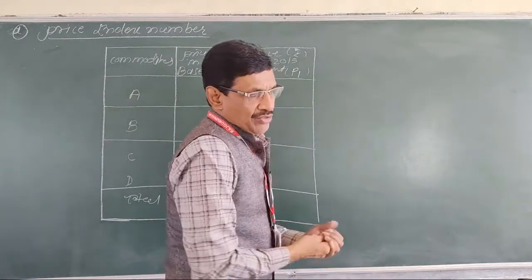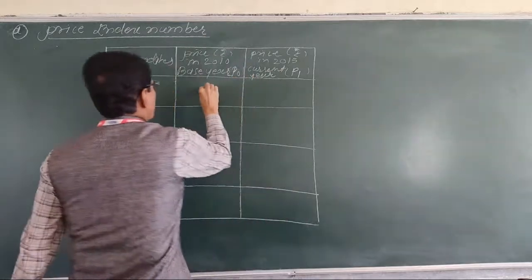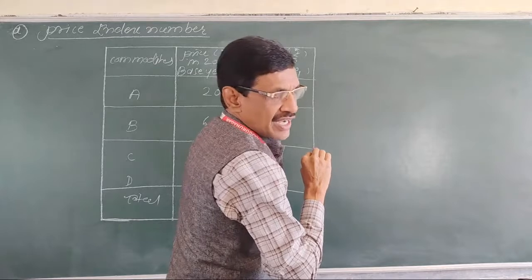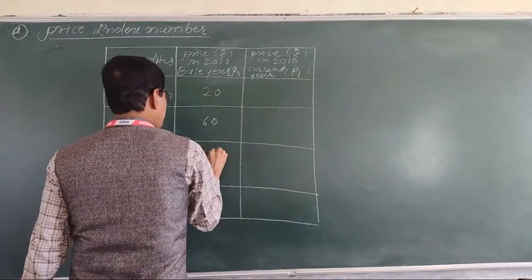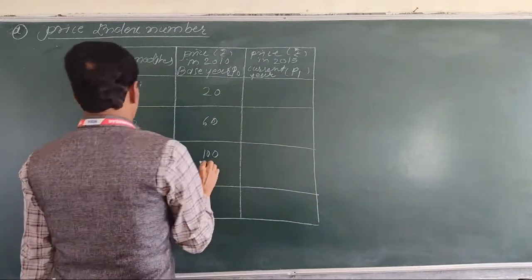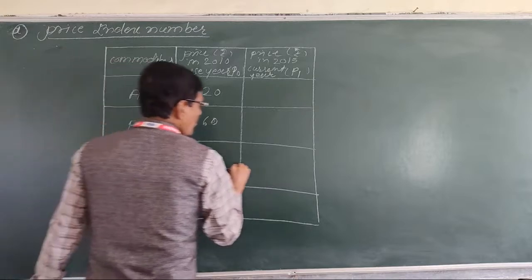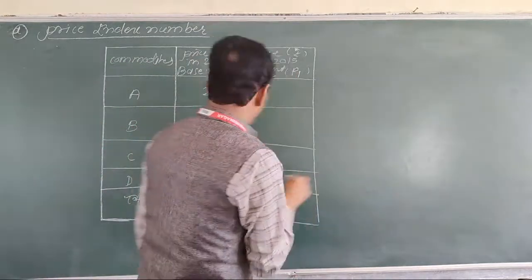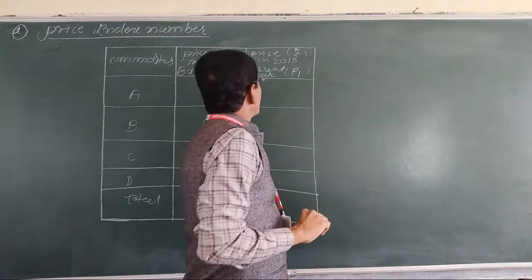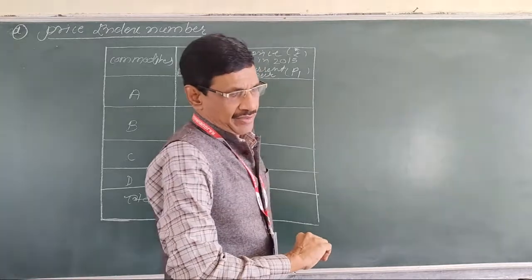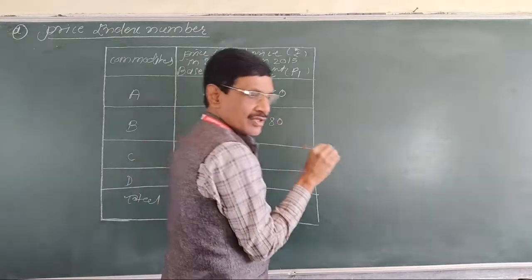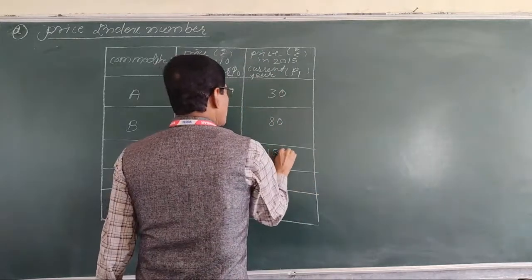So in 2010 the prices of commodities A, B, C, D are 20, 60, 100, and 40. Then the prices in 2015, the current year, are 30, 80, 130, and 60.